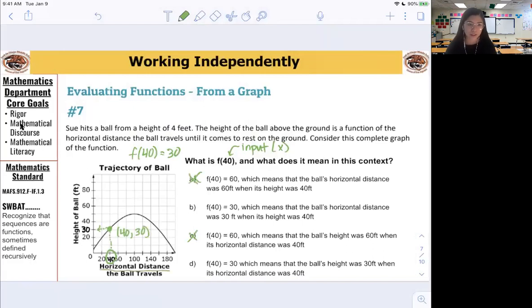The output is 30, and the output represents the height of the ball. So I know that my horizontal distance is 40, my height is 30, which means my correct answer choice is D. The ball's height was 30 feet when its horizontal distance was 40 feet. So it all comes down to matching the correct input with the correct output.